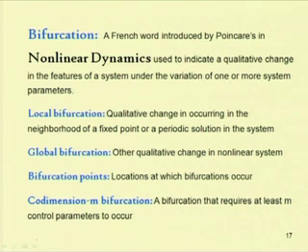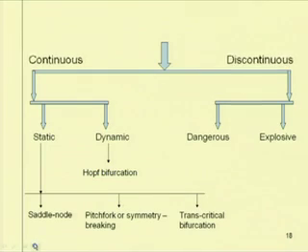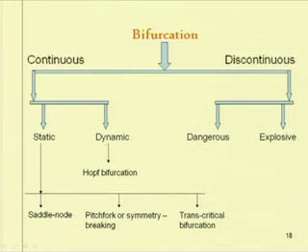Similarly, we can classify the bifurcation into continuous and discontinuous. So, in case of continuous, it is static bifurcation and dynamic bifurcation, and in discontinuous it is dangerous or explosive. In case of static bifurcation, one can have these three different types of bifurcation, that is saddle node, pitchfork or symmetry breaking, and transcritical bifurcation, and in case of dynamic bifurcation, it is Hopf bifurcation.